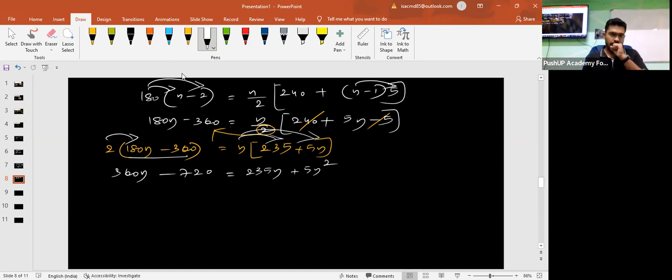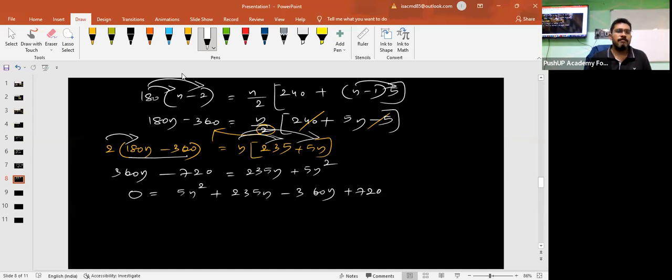Okay. Now what can we do? We can bring 360n and minus 720 to the right hand side. So on the left hand side, 0 is left. I'll rearrange the terms also in this flow. 5n square plus 235n minus 360n plus 720. 0 is equal to 5n square.